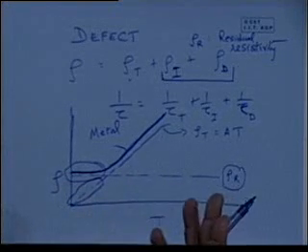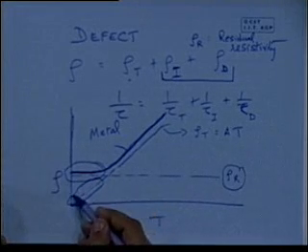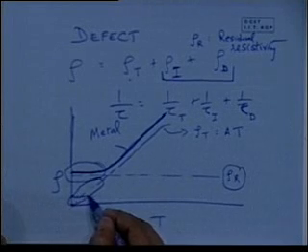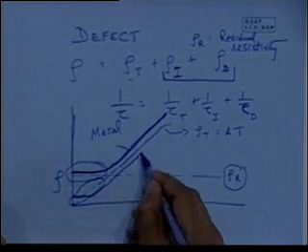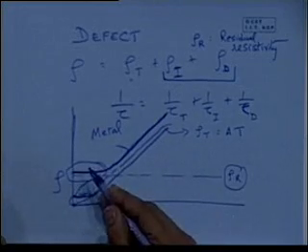So if I can remove the impurities from my material, this term proportionately will keep coming down, lower and lower. And so what I will see may be some term like this. So depending on the purity, there will be change.